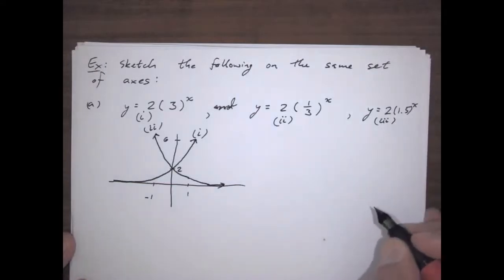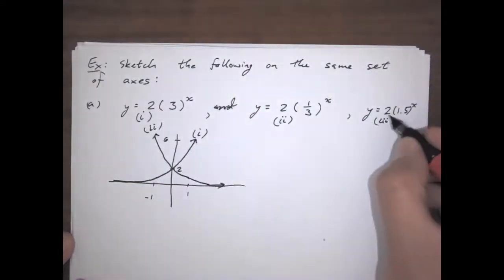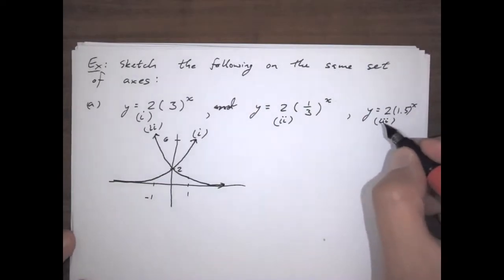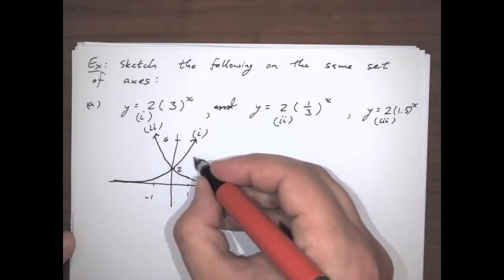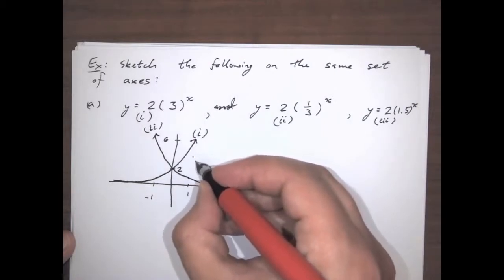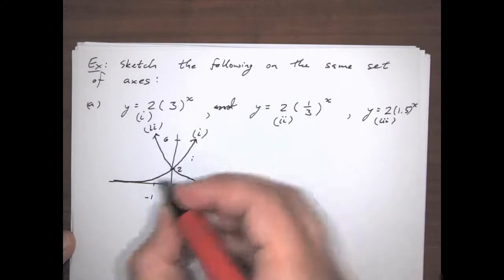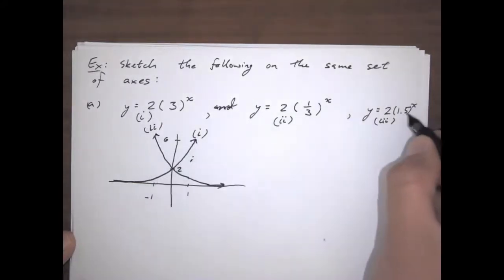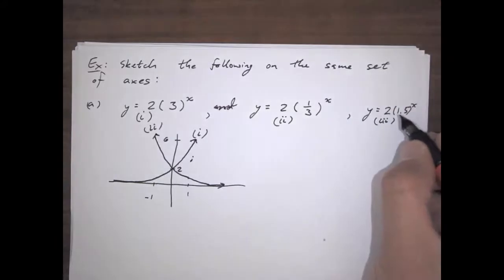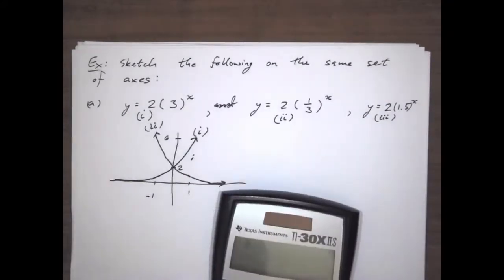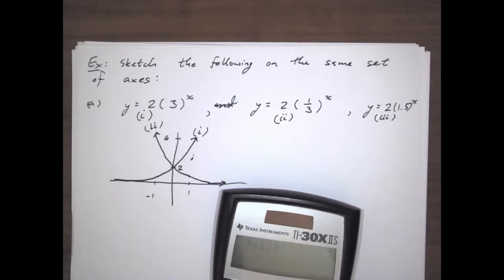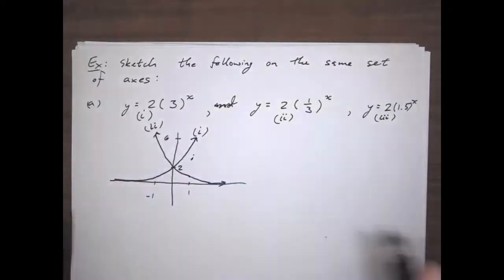Now as for graph number 3, it is, like graph number 1, a case of exponential growth. The difference is that after 1 unit in time, it'll only go up by a factor of 1.5, which will only make it now equal to like 3. And if we go backwards in time, that'll be 2 divided by 1.5, which is going to be 1.3.